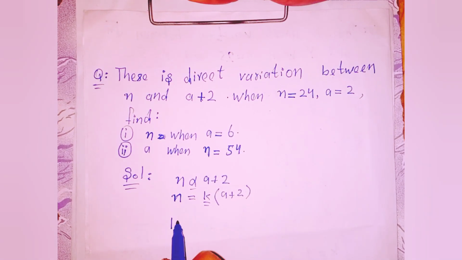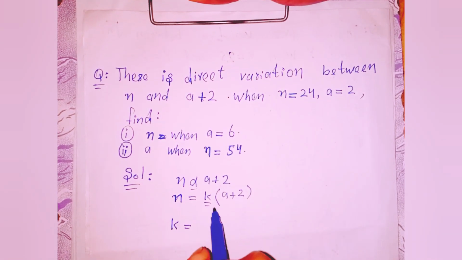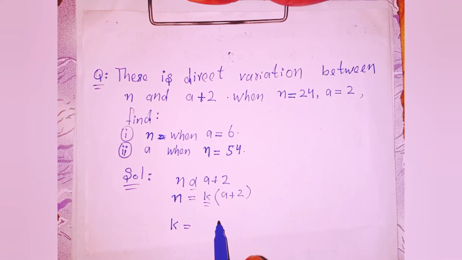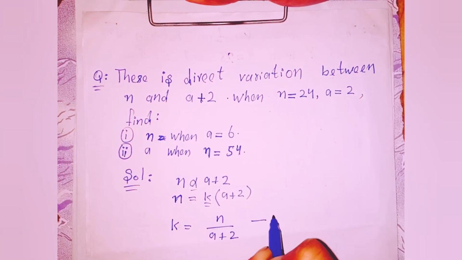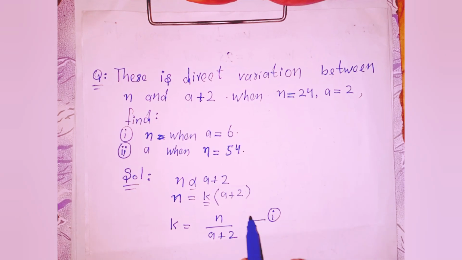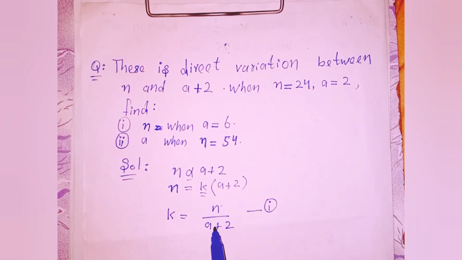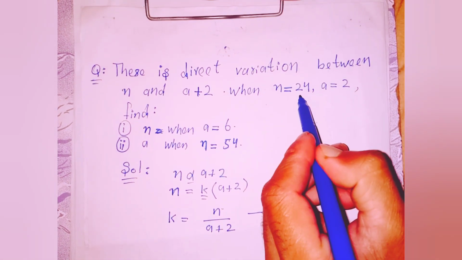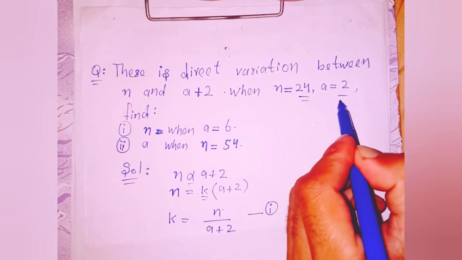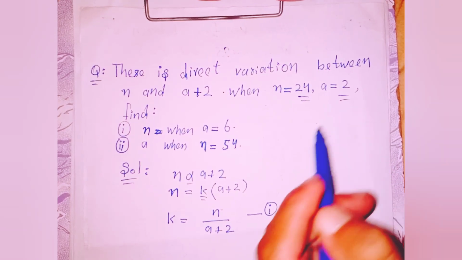Now to find out the value of k, we can divide both sides by a plus 2, so we get k = n divided by a plus 2. This is equation number 1. So here we have to put the values of n and a. We are given n is 24 and a is 2.